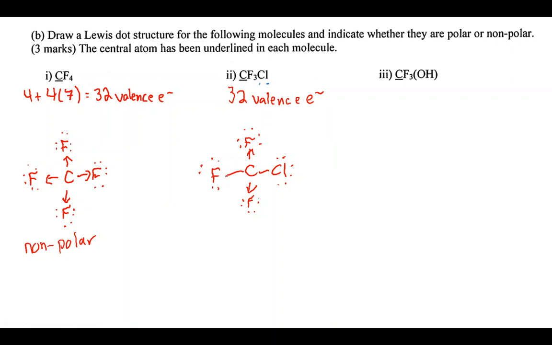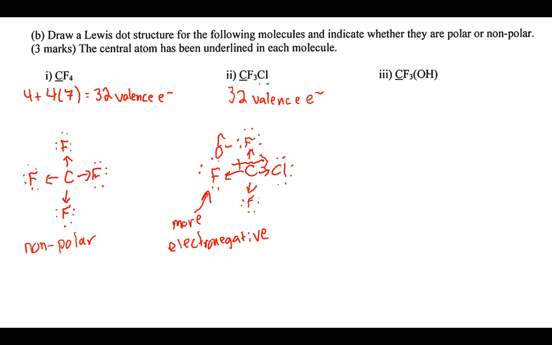Whereas this fluorine is going to be pulling, and this chlorine here is going to be pulling, but because fluorine is more electronegative, it's an uneven tug of war. Fluorine is much stronger at pulling than chlorine is. So this tug of war is essentially going to be broken, and there's going to be a polar part of the molecule here. So, yes, in this instance, this molecule is going to be polar.